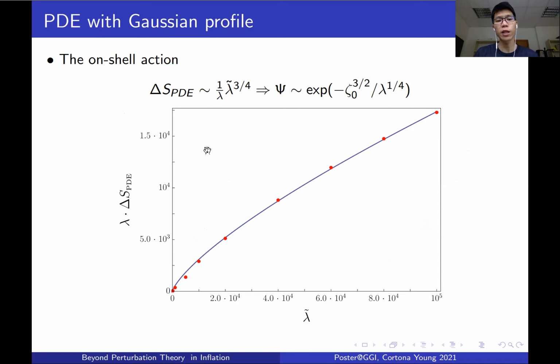Sorry, lambda tilde is lambda times theta 0 to the square. It turns out that the wave function of the universe goes like e to the minus theta 0 to the 3/2. This implies that the probability tail is thicker than that of the Gaussian.